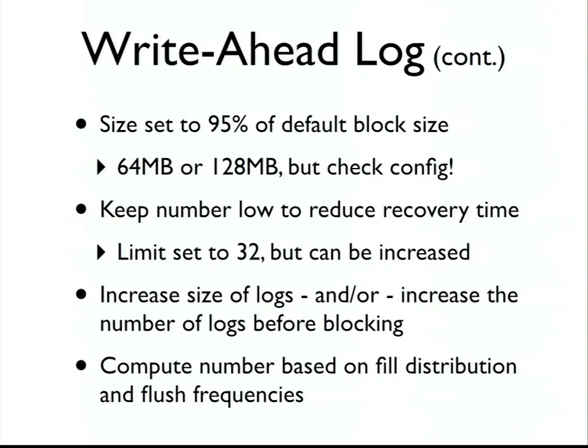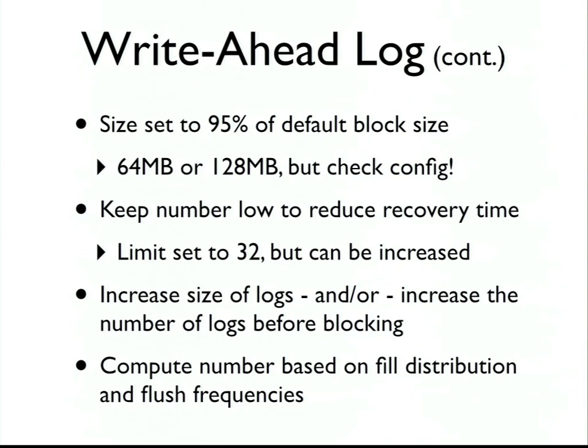For the write-ahead log, the default setting I said flushes at 128 megabytes. You have to check your configuration. It's typically 95% of the default block size, which in modern distributions is 128 megabytes, so just under 128 megabytes. It actually starts flushing when the number of logs reaches 32.